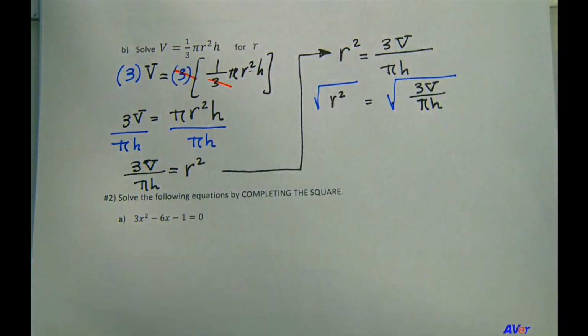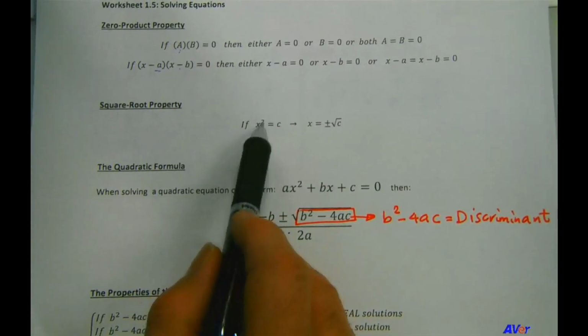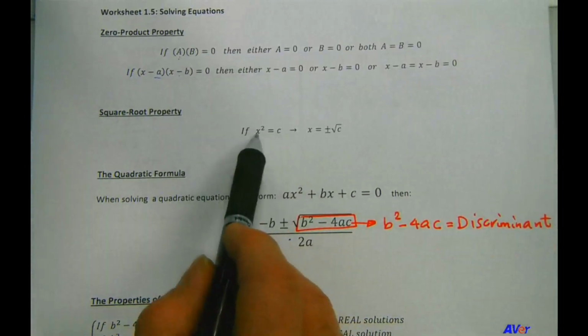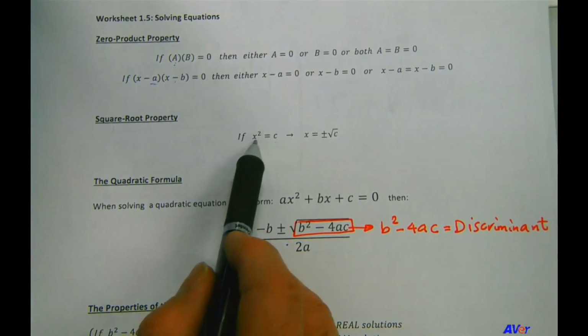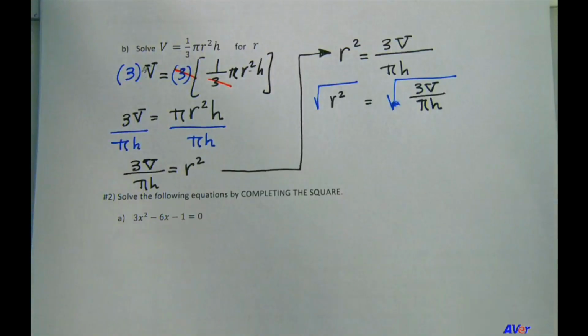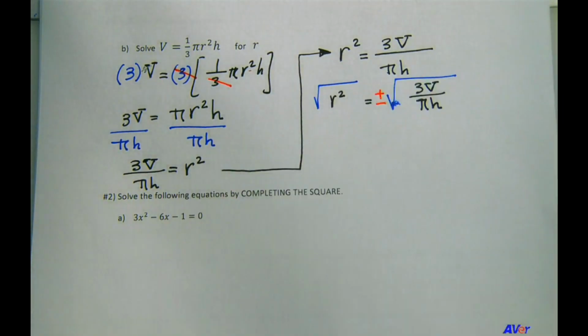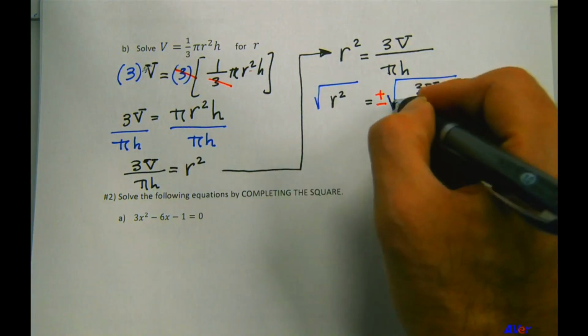Well, let me bring this back. Remember, we talked about the square root property. Every time you have something squared equals c, if you're solving for the side that has a squared, then the other side gets plus or minus. So what I need to do is just add plus or minus. Now that is correct.